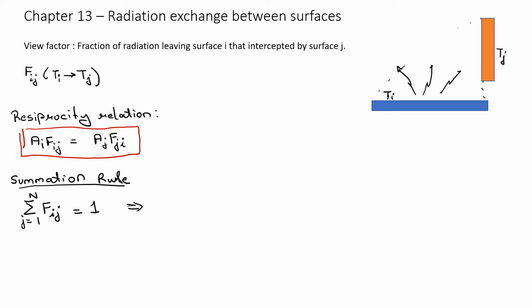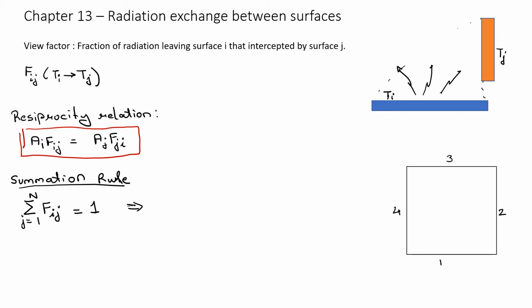The next rule that we will use is the summation rule. What the summation rule says is that if you have a system of surfaces, or multiple surfaces intercepting radiation from a particular surface I, the summation of the view factors will be equal to 1. Now what does that mean?